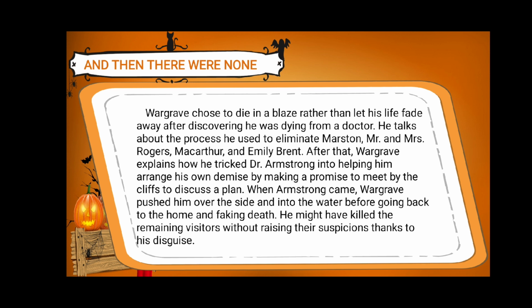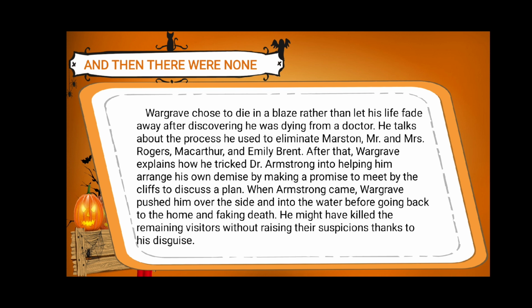After that, Wargrave explains how he tricked Dr. Armstrong into helping him arrange his own demise by making a promise to meet by the cliffs to discuss a plan. When Armstrong came, Wargrave pushed him over the side into the water before going back to the home and faking death.